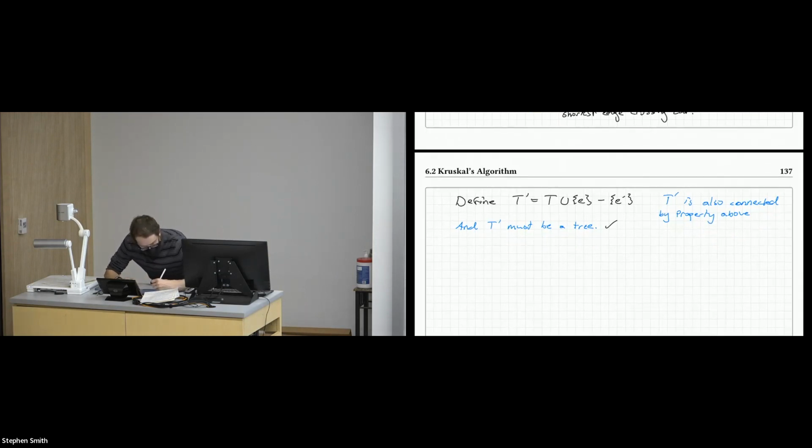And the length of T prime is equal to the length of T plus the length of the edge E minus the length I took away, the length of E prime.